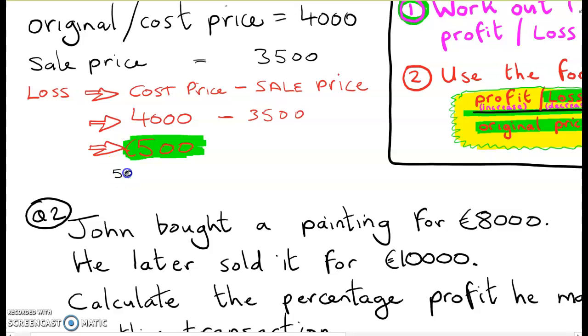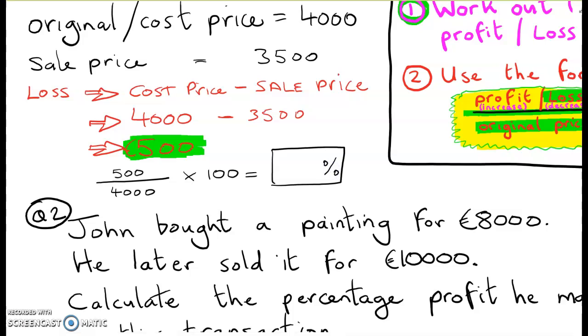You type that into the calculator, and whatever answer you get is a percentage, so you need to fill in percentage. That comes to 12.5%. So he lost 12.5% of his original investment.